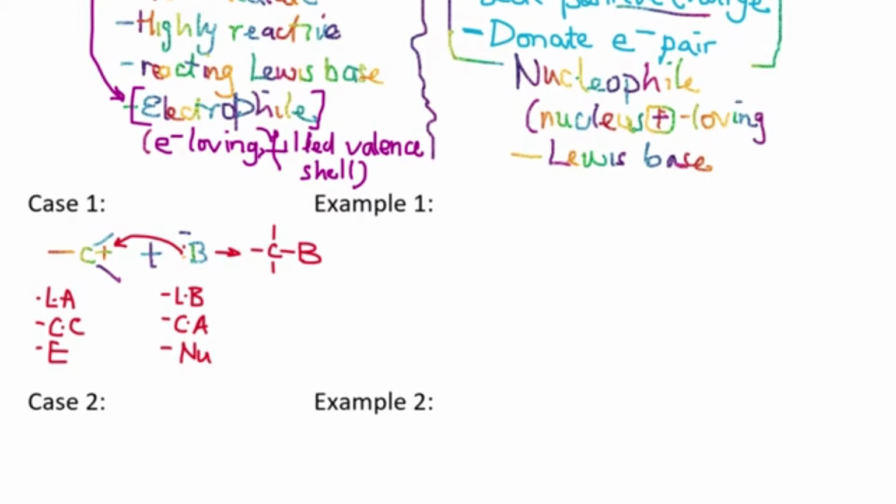An example of this will be, for example, dimethylamine, and this is going to be reacting with boron fluoride, or boron trifluoride. What you notice here is that boron will have a partial positive charge, and these fluorides will have partial negative charges around.